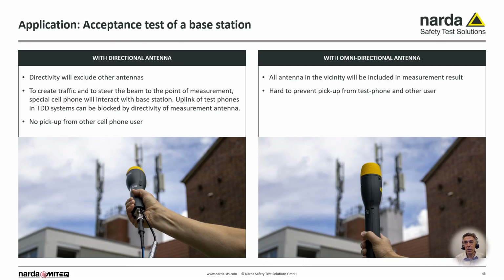Here, the omnidirectional antenna is not a good approach, okay, because if you want to make here T-Mobile antenna base station acceptances, it will also pick up the radiation from all the other T-Mobile antennas, because they are all transmitting at the same frequency, and also from all users of T-Mobile telephones which are running around there. It will pick up everything. Okay, so here for acceptance tests, the best solution is a directional antenna.